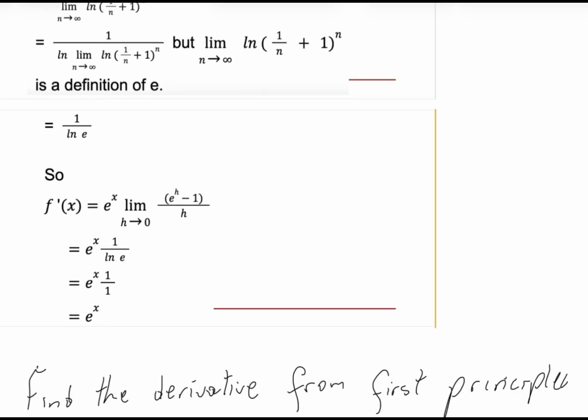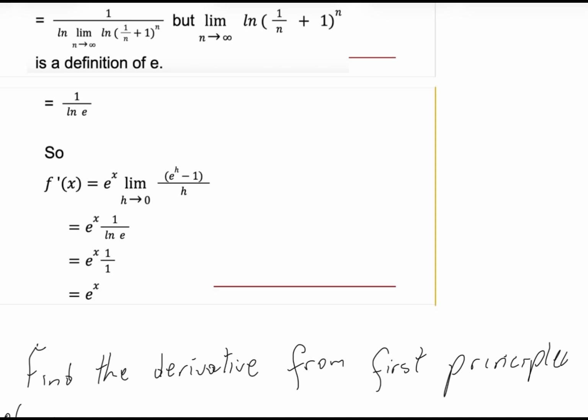So then f prime of x is equal to e to the x times the limit as h approaches 0 of e to the h minus 1 over h. So it's e to the x times 1 over ln e, but ln of e is equal to 1. So that's e to the x times 1 over 1, which is equal to e to the x.